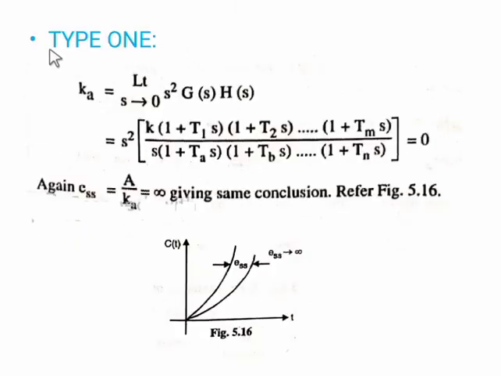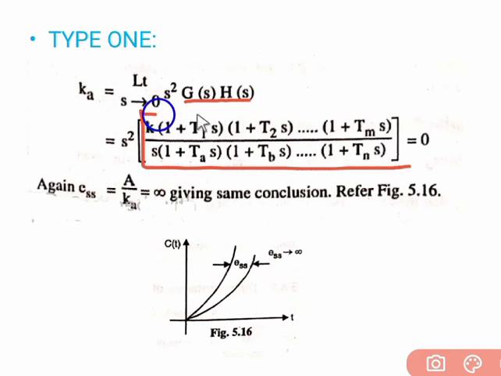Now for type 1 systems, Ka equal to S square Gs Hs, where Gs Hs equal to this. So the terms will cancel out and only one S remains.